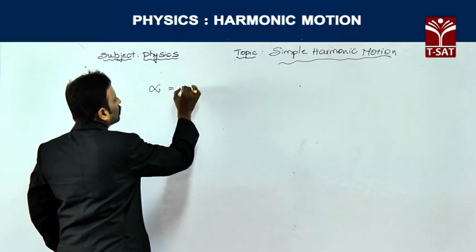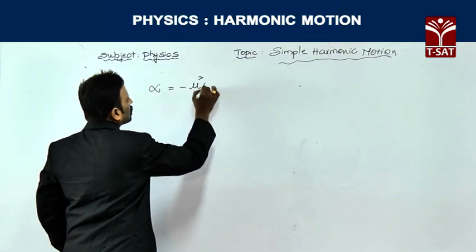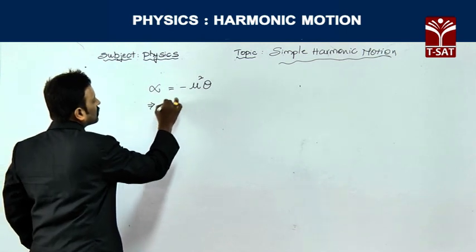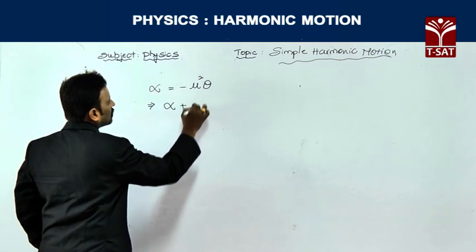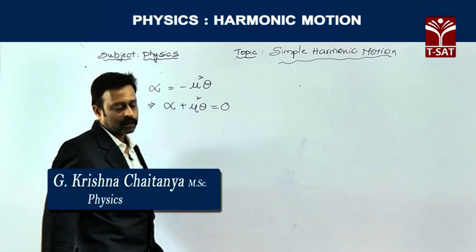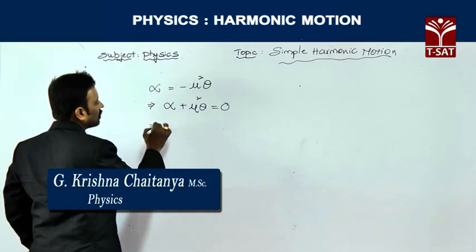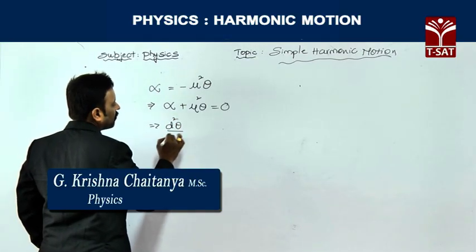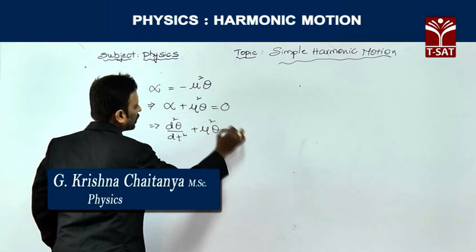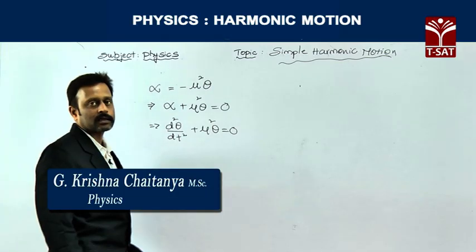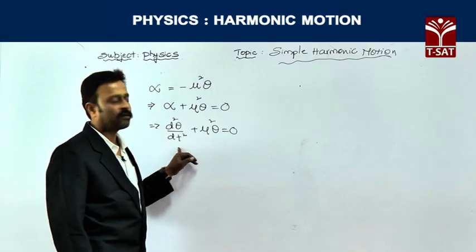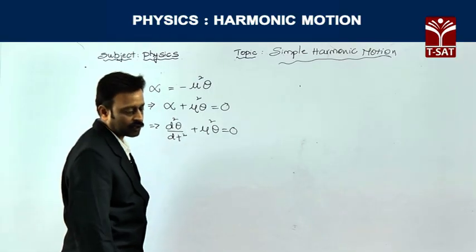Alpha is equal to minus nu square into theta. From this, alpha plus nu square into theta is equal to 0. This alpha is nothing but d square theta by dt square plus nu square theta is equal to 0. This is the differential form of angular simple harmonic motion.